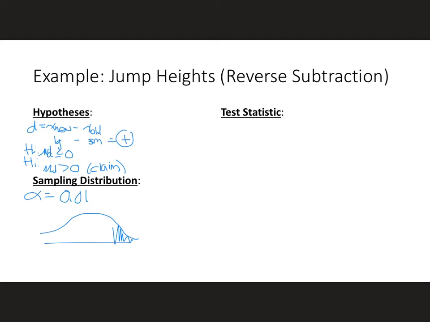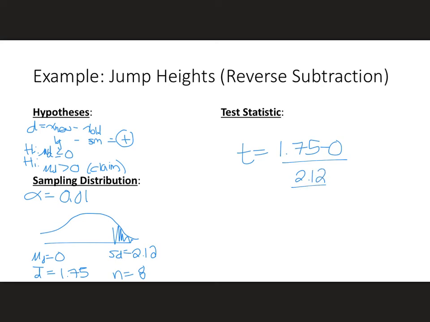And then, again from Excel, I would find mu sub d is equal to 0. Our average of the differences is 1.75. Our standard deviation of the differences is 2.12, and n is still 8. Our test statistic here is going to be 1.75 minus 0 over 2.12 over the square root of 8, and if you put that in Excel, you get approximately 2.33.